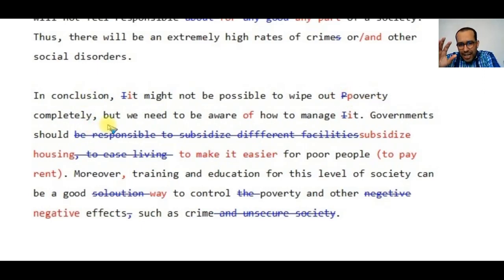Now, some of you, as you watch this video, might say that this is a low level of writing, but be sure that under exam conditions, this is the kind of writing a good proportion of students usually turn out, with problems such as these.